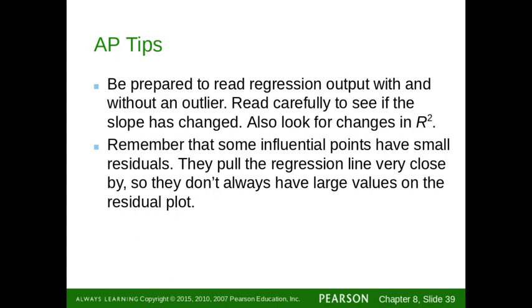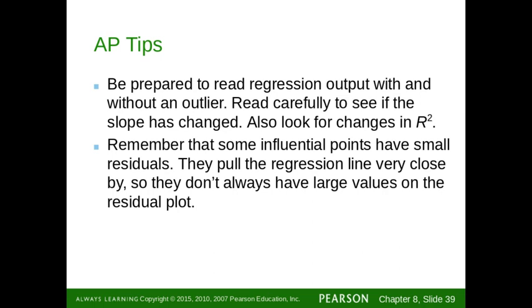On the AP exam, be prepared to read regression output without an outlier. Read carefully to see if the slope has changed. In other words, they might give you data sets and have one with an outlier and one without the outlier, and then you have to answer a question or prompt, what happened. So what they're saying is look for changes in the R-squared value.